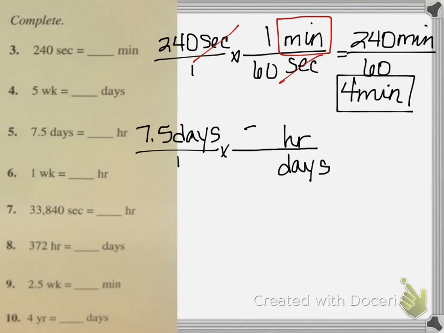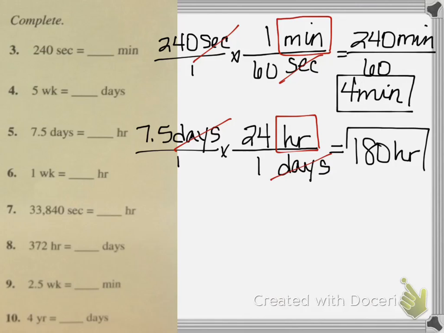I know that there are 24 hours in one day, and when I multiply, my days cancel, leaving me with hours. So 7.5 times 24 is 180 hours.